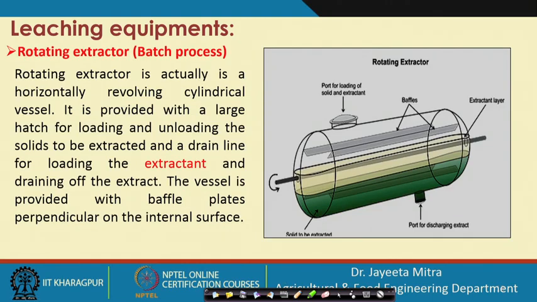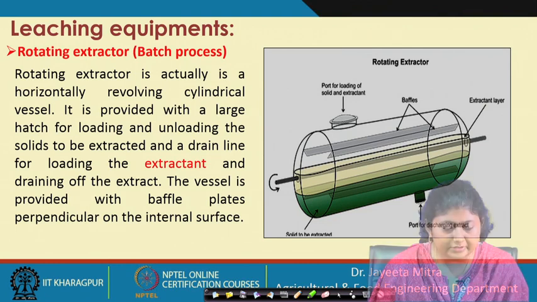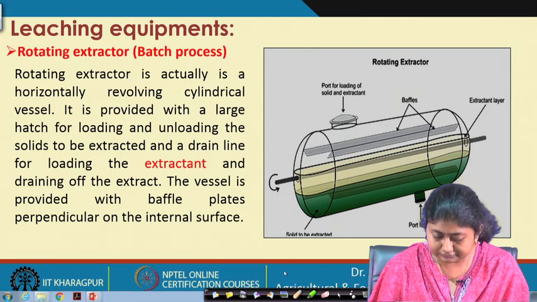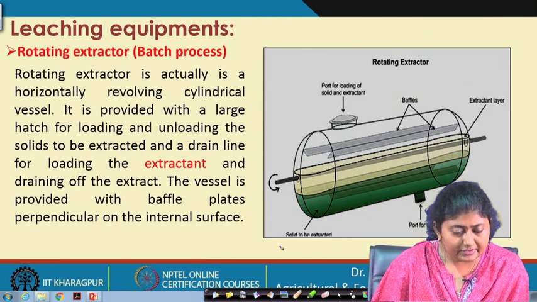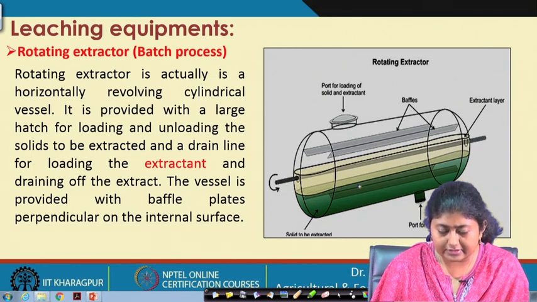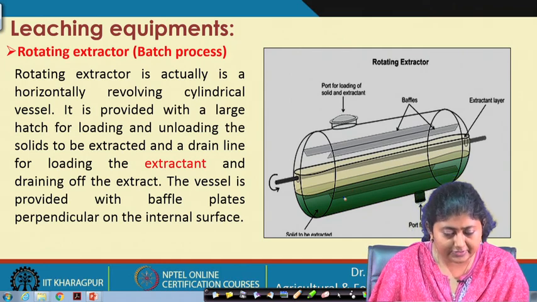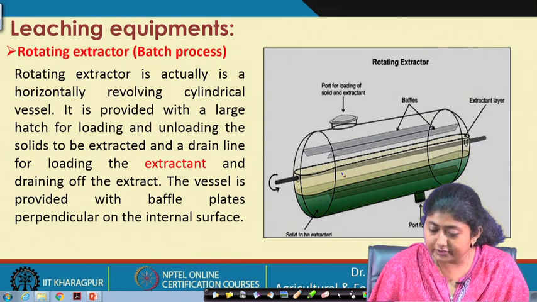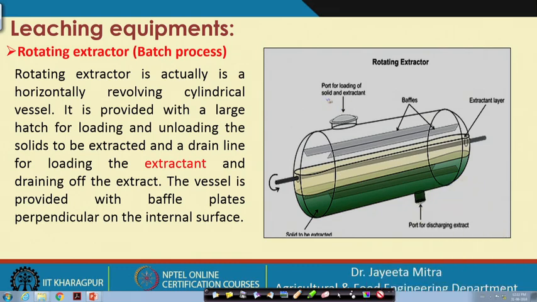Now, the rotating extractor, or the batch process, what happens here? This extractor is a horizontally revolving cylindrical vessel, as we can see. It is provided with a large hatch for loading and unloading. Okay. So, this is the port for loading the solid, and there is a port for discharging the extract.